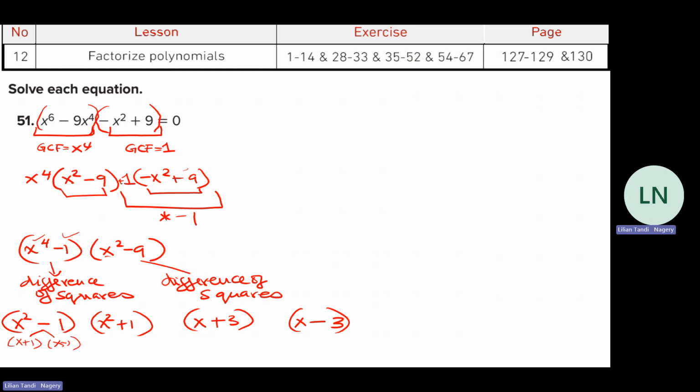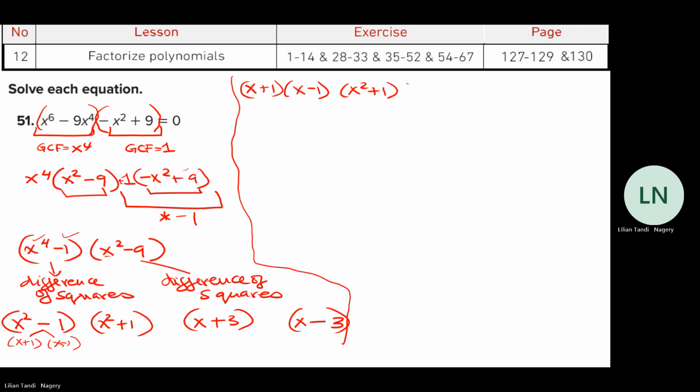Okay. So I'm continuing with my work. So I'm going to have x plus 1, x minus 1, x squared plus 1, x plus 3, x minus 3 equals 0.